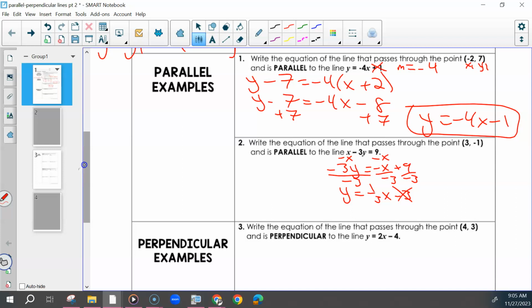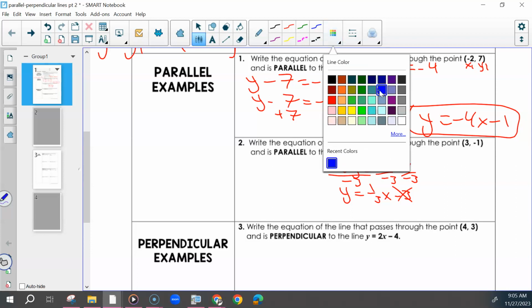And because this says parallel, the slope of our new line will be what? Positive 1/3. So I'm just going to write m next to the 1/3 that I already have.